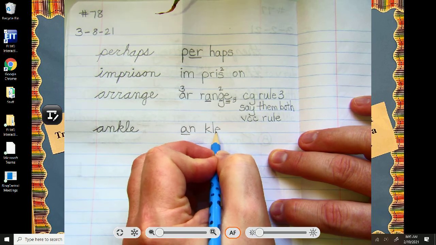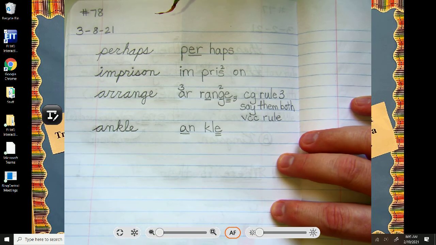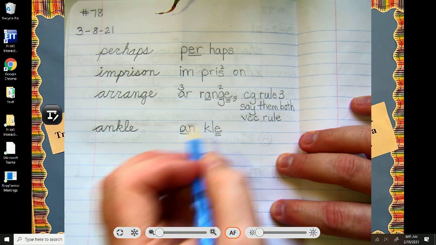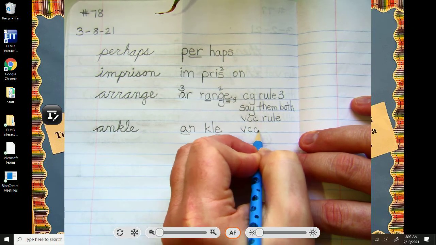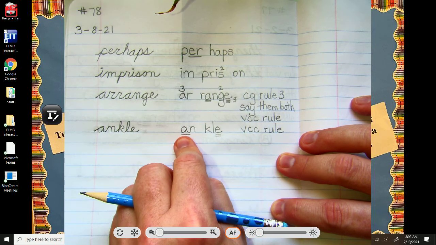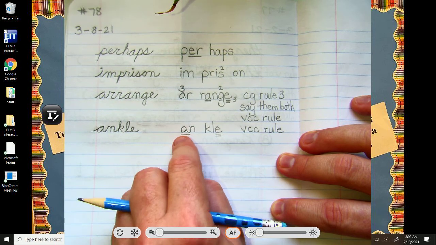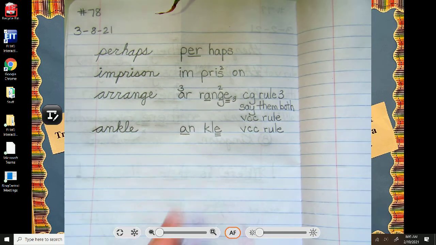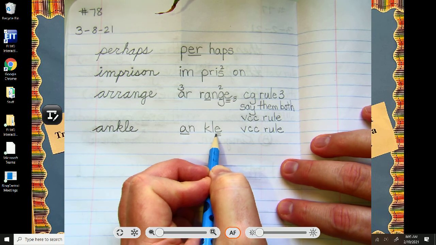To have that dictionary spelling, we need that silent final e. So, scholars, we again have the VCC rule. A vowel may say its name sound when followed by two consonants. Here are two consonants behind that a, ankle. And then, which silent final e is this?